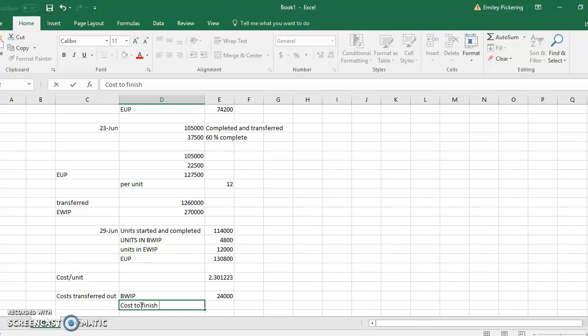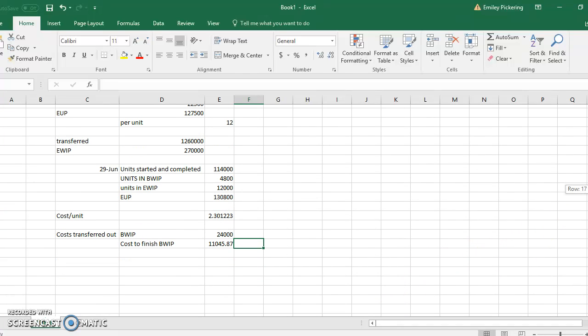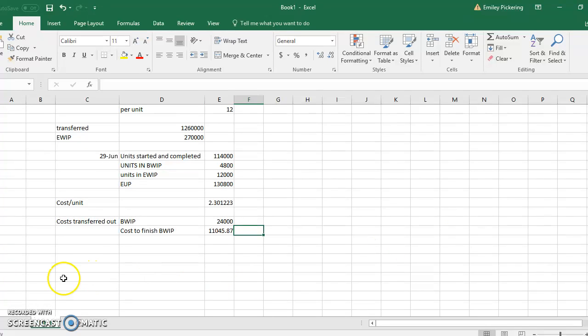I'm going to take my equivalent units here, so that's the 4,800 that were in beginning. I'm just going to multiply it by my per unit cost. So 11,046 basically. And then the last part is my started and completed.